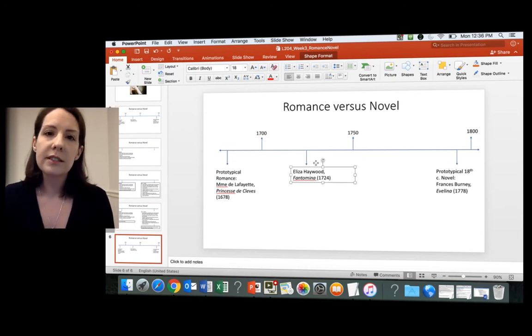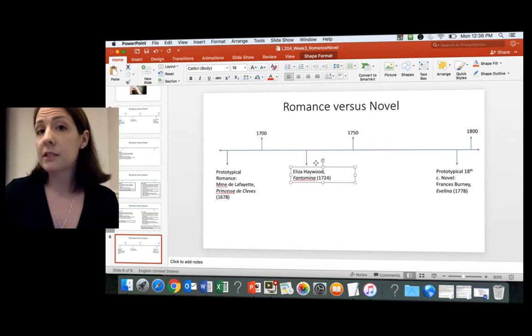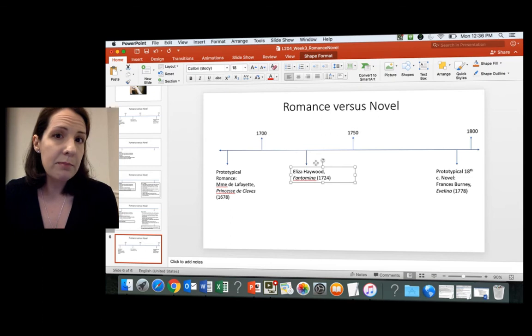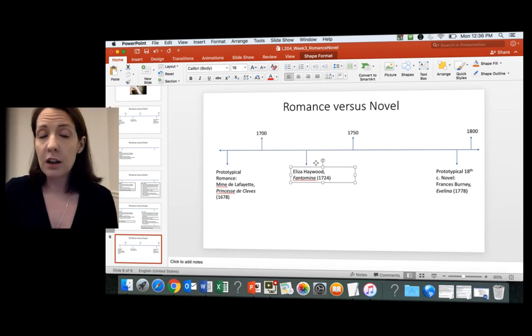So what you might notice is that Eliza Haywood's work may actually at times appear much more like a romance than it does like a novel. Or alternatively, it might appear to reject romance elements much more explicitly than what you might find in Burney.